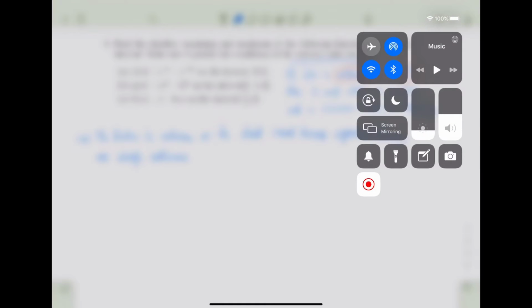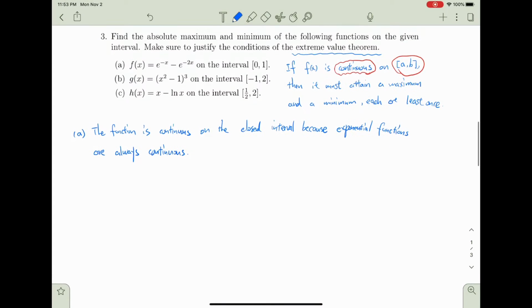The next thing to do is to find the absolute maximum and the absolute minimum here. How do we do that? Firstly we need to find all the critical numbers, because the absolute max and absolute min occur either at the critical numbers or at the endpoints.